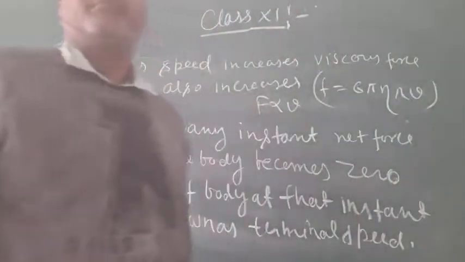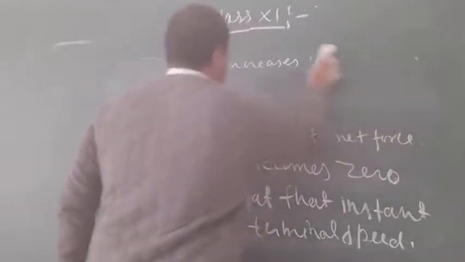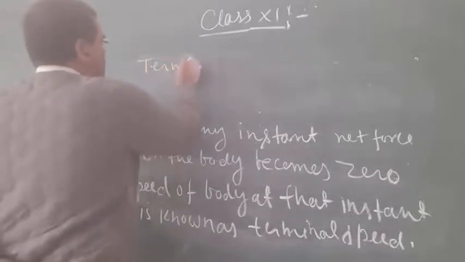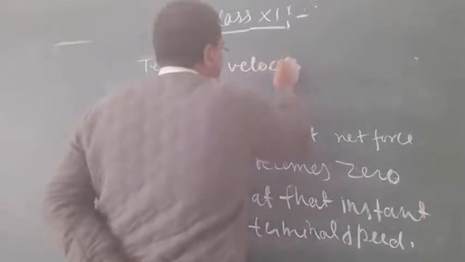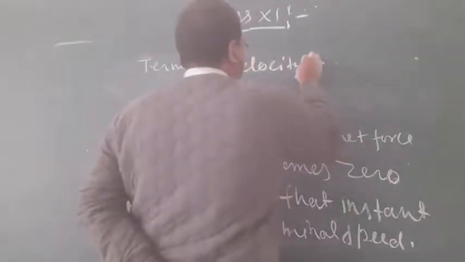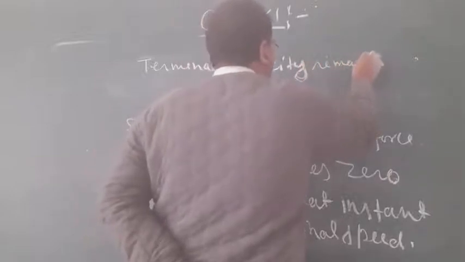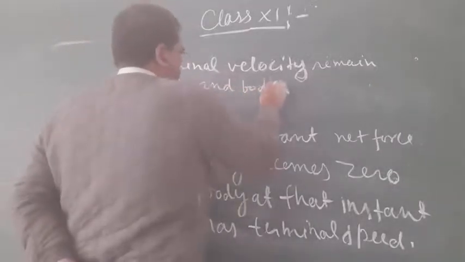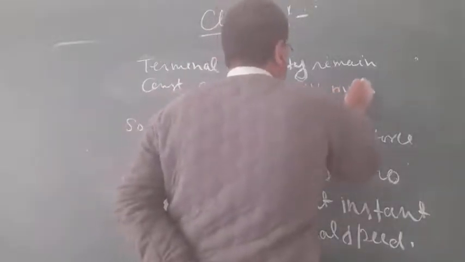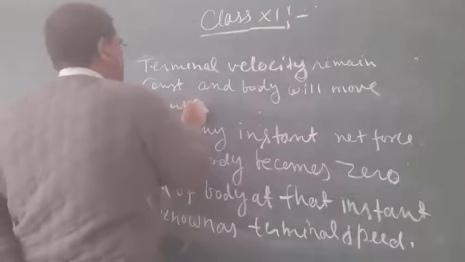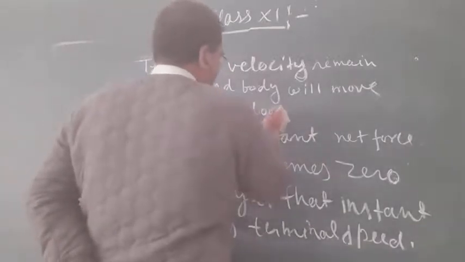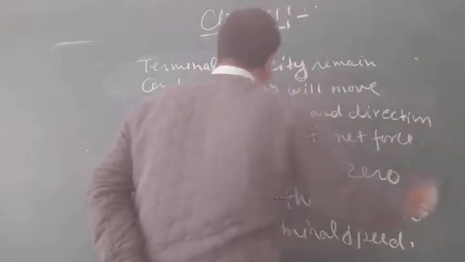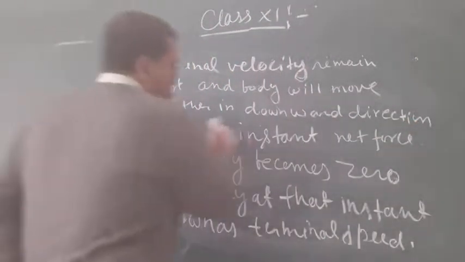So you can write here: terminal velocity remains constant and the body will move further in the downward direction with terminal speed due to inertia.